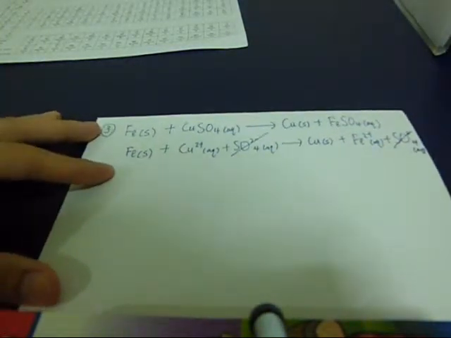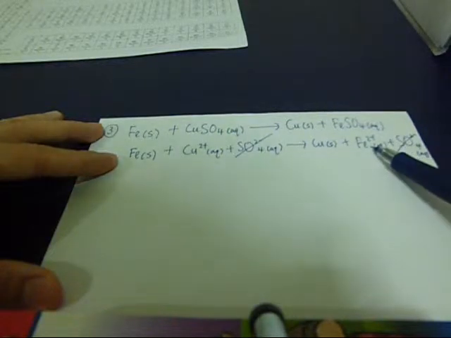Then after that, whatever ions, whatever substances that appear on both sides of the equation, you have to cancel them off. Sulfate ion, cancel them off. Now these two, they are not the same. Fe2+ and Fe, they are not the same, even though both are iron. But this one is iron, solid iron. This one is iron ion.